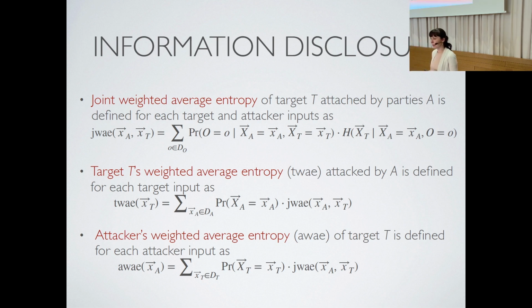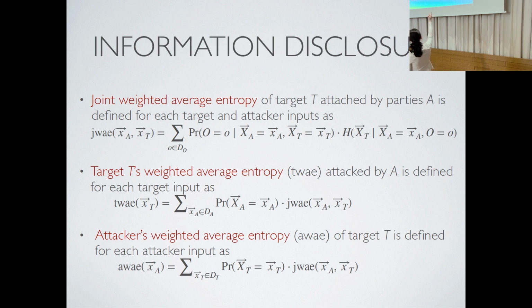And so this is the example that we've picked. I'm going to talk about this more, but before we continue, I wanted to show the formulas that go into the computation. To get to either the target's or the attacker's view, we first formulate the joint weighted average entropy.